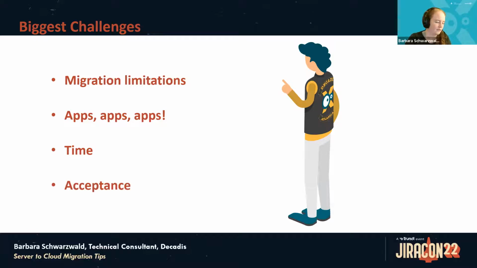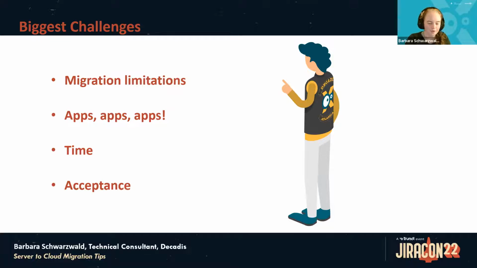And the fourth one is basically the human factor, which is acceptance, because some of your users might not like the change to cloud because something looks different. And if something looks different, then the first reaction might be, "I don't like it. Why isn't it as it was before?"